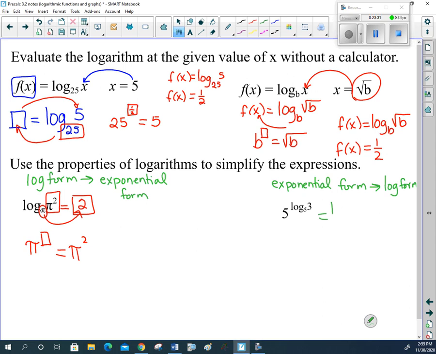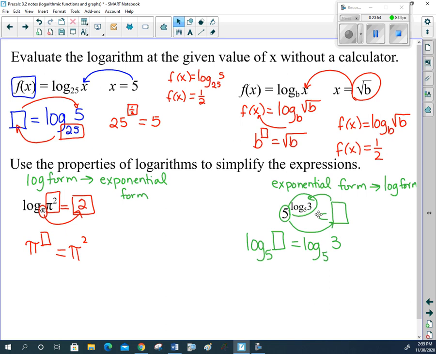Over here is the unknown. That's why I put the box in there, so I know what I'm working with. If we're going to write this in log form, I'm going to start out with the word log. Always find your base. The base is 5. So log base 5 of, don't know what that is, equals, we always go to the power here, so log base 5 of 3.